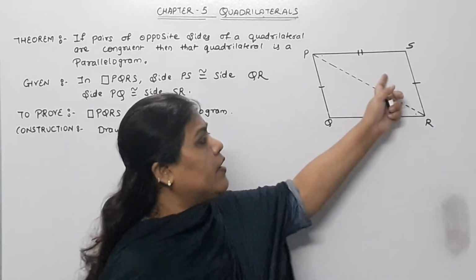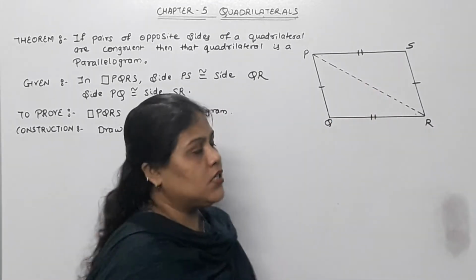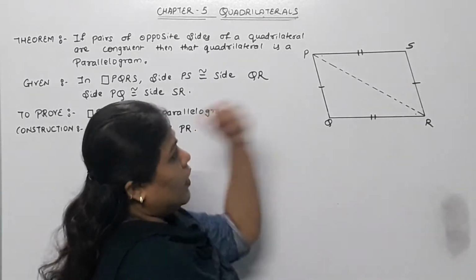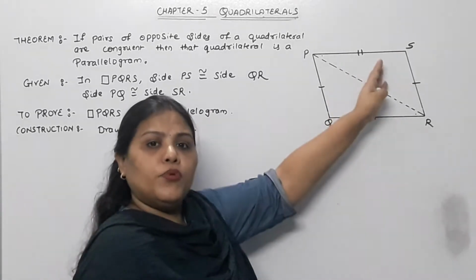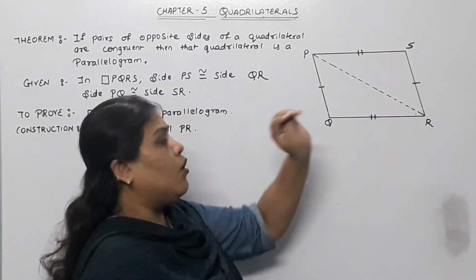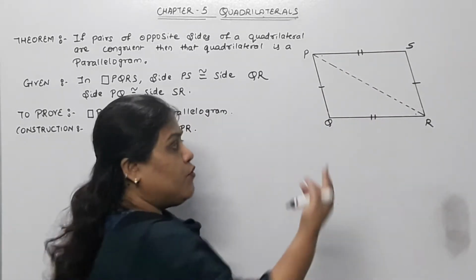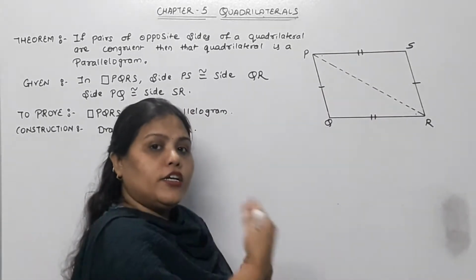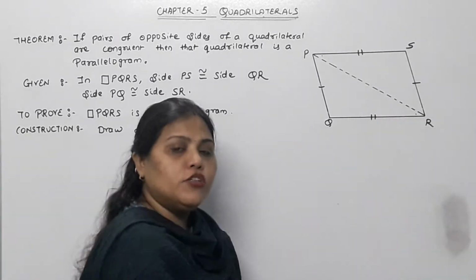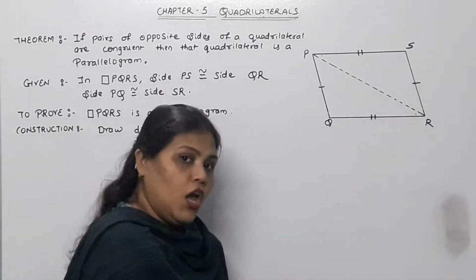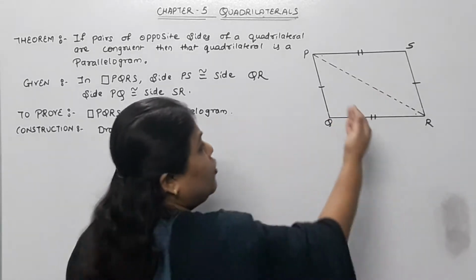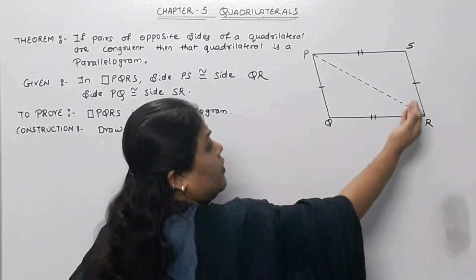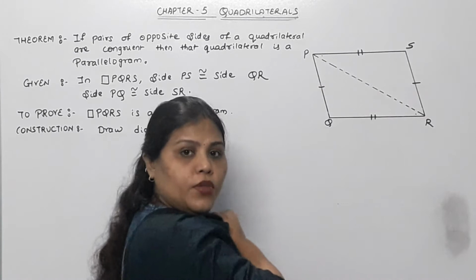Now these two triangles are congruent by the SSS test. So the other components of these two triangles will also be congruent, as if two triangles are congruent, then the rest of the elements of these two triangles will also be congruent. So if the two triangles are congruent, then angles are also congruent, right?